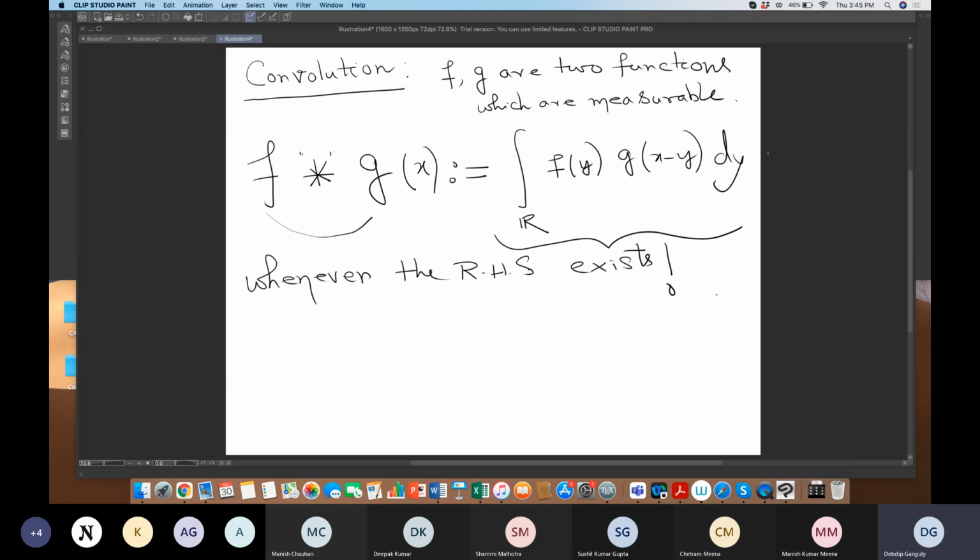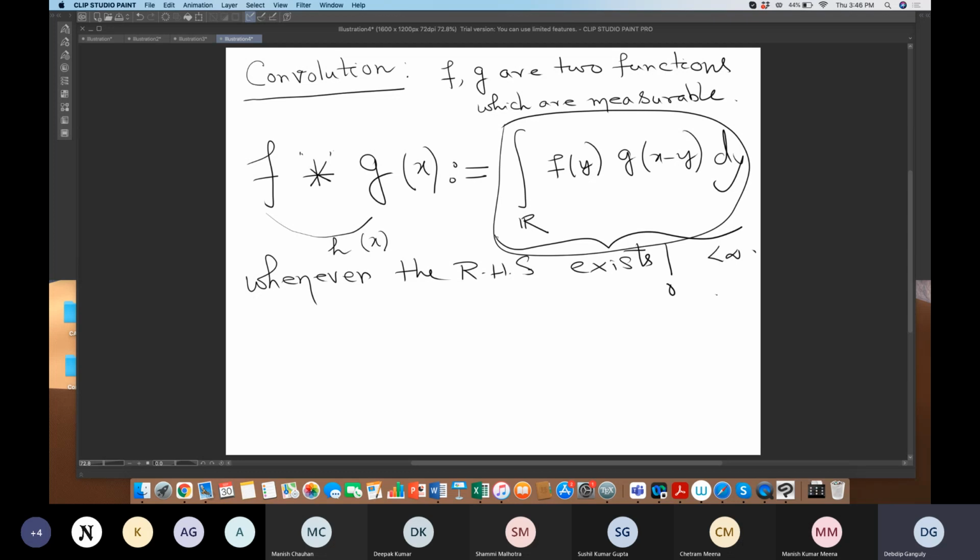Now I say that this definition is well defined whenever this integral makes sense, which means the integral is less than infinity. Clear? So f convolve g is a new function we call h, where h of x is defined through the integral of f of y, g of x minus y, dy.